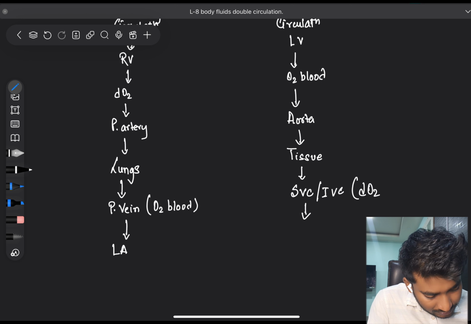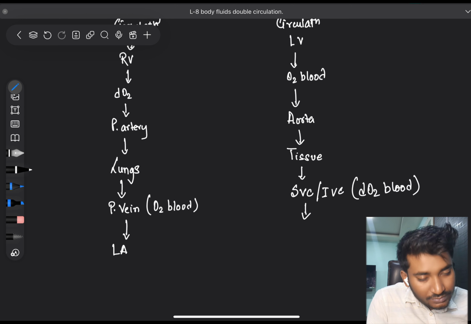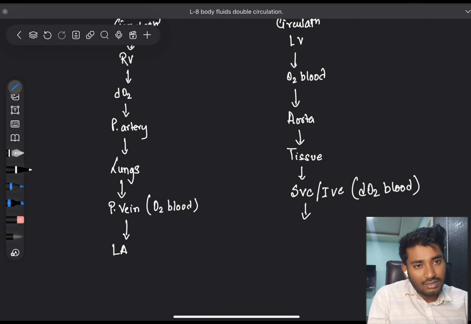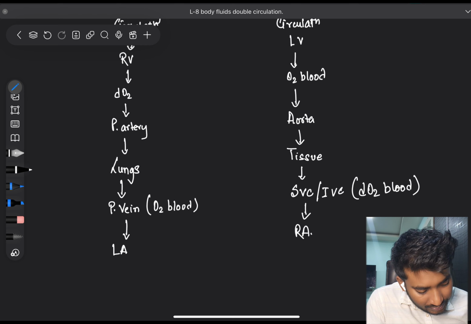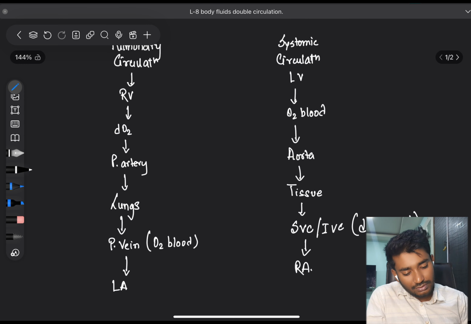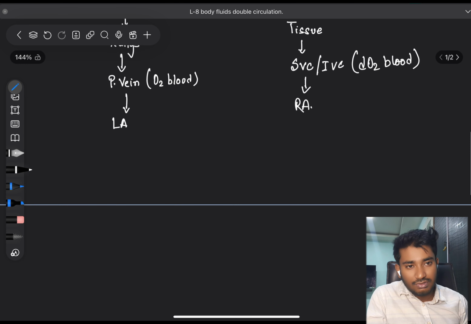The tissues take oxygen and give out carbon dioxide, so the blood gets deoxygenated. It is dumped into the right atrium by the superior vena cava or inferior vena cava. So this is the mind map, and this way the double circulation goes on.